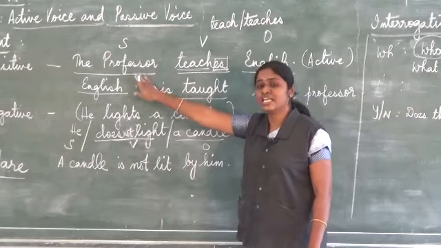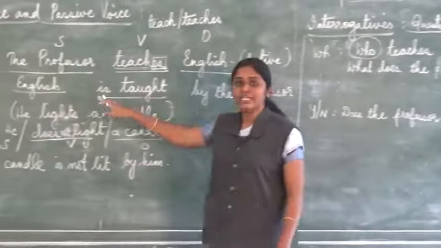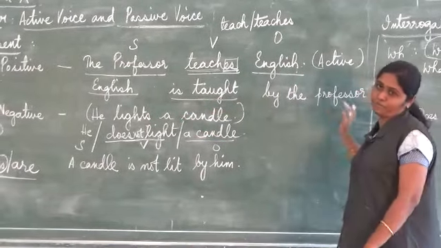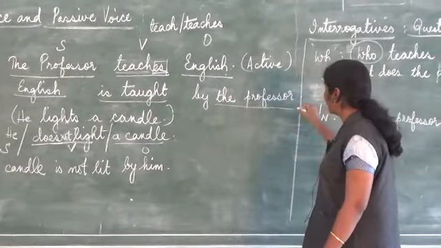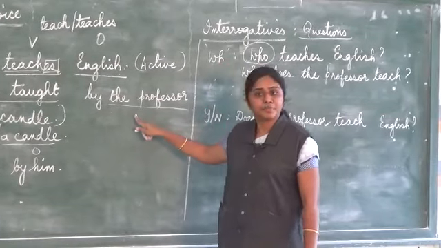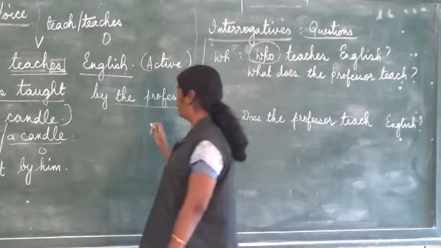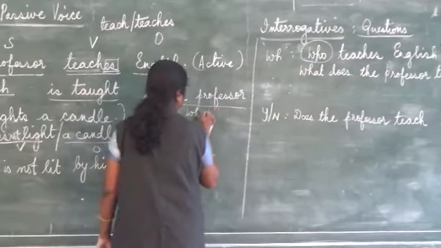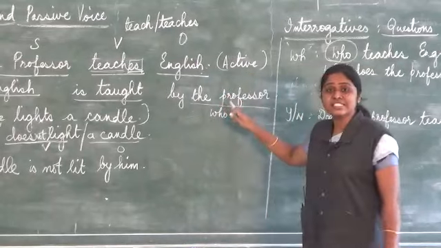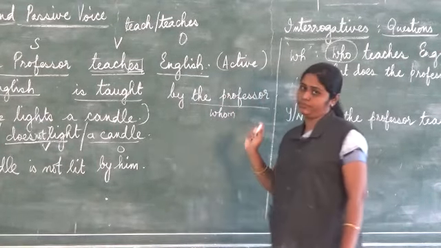So if you have the same noun professor itself instead of this who, what is the passive voice for that? English is taught by the professor. See now, in the place of who only we have replaced this word. So automatically in this place, what is the word that is supposed to come? Who. Okay, but since this is in the object position, you have to write it as whom.